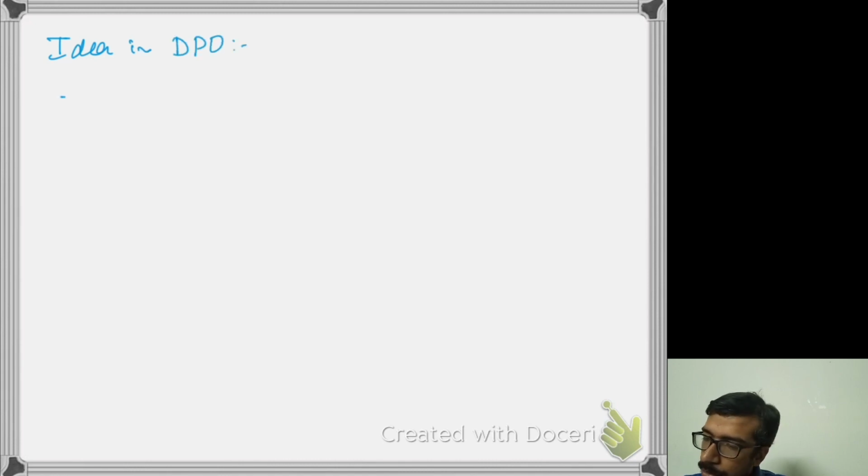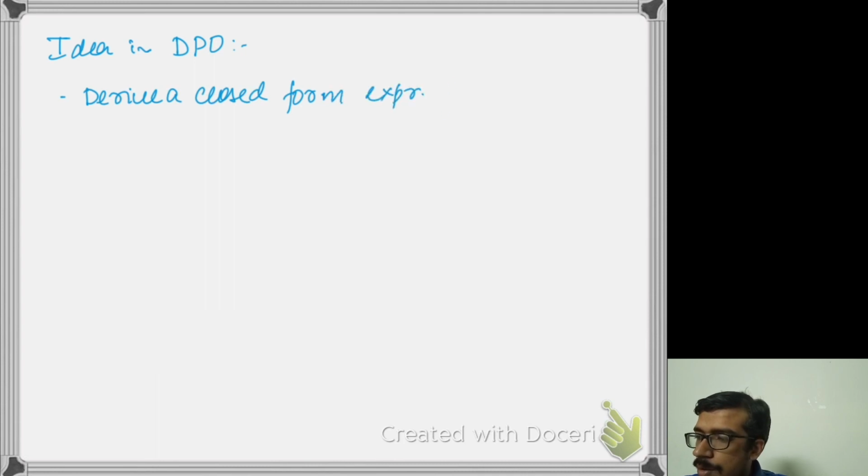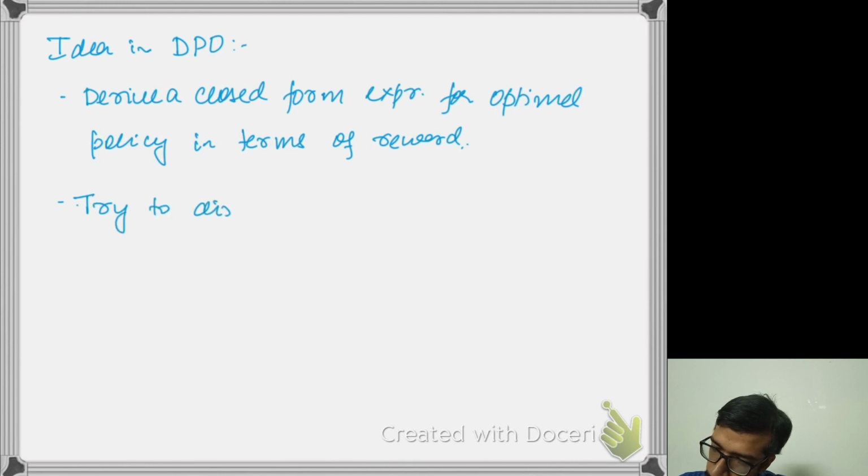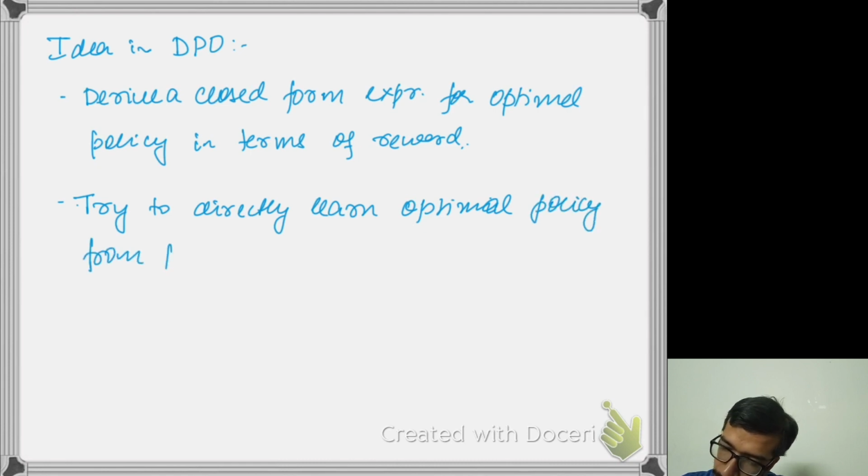So the idea is that first we'll derive a closed form expression for the optimal policy in terms of reward. And then using this, we'll directly learn the optimal policy from preference data.